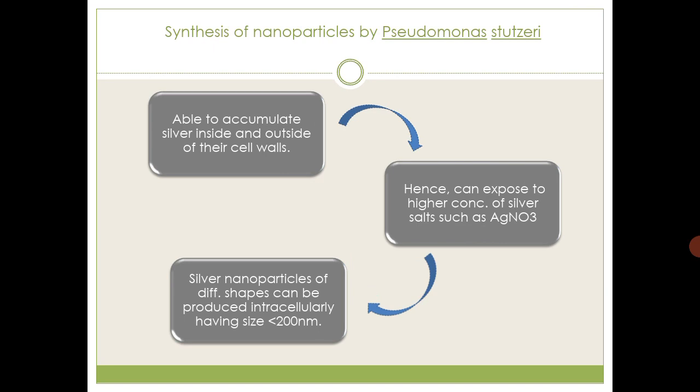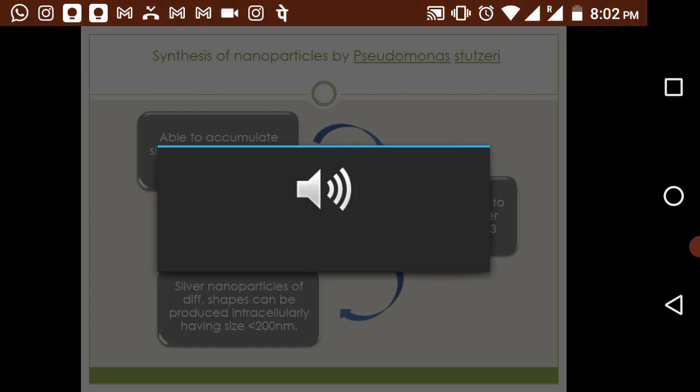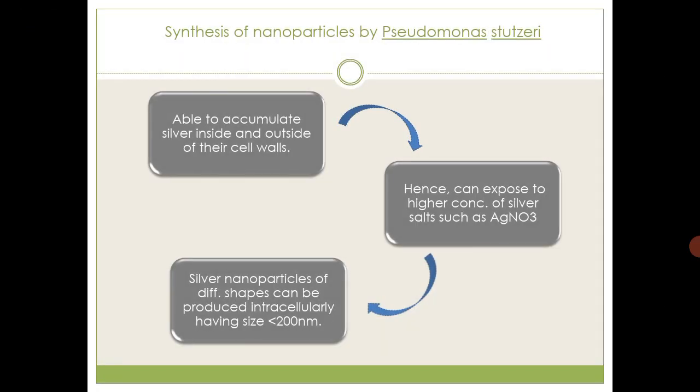And once they are exposed to this high concentration of silver salt such as AgNO3, the silver nanoparticles of different shapes can be produced intracellularly, having size less than 200 nanometers. Please note the sizes of the nanoparticles which are made by the various microorganisms.